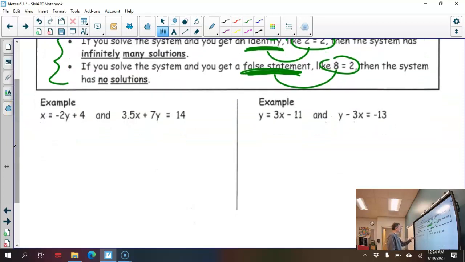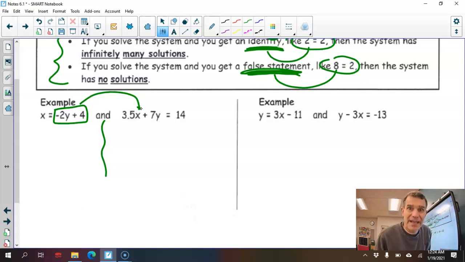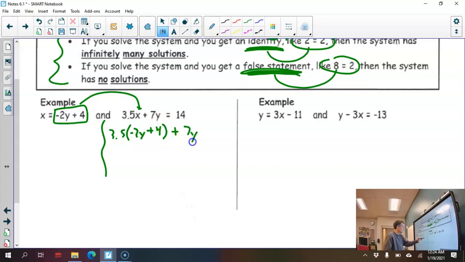So here, in this example, the x is by itself, so I'm going to substitute that into the other equation in place of the x. Here it is, 3.5 times, now instead of x, this is now -2y plus 4, plus 7y equals 14.